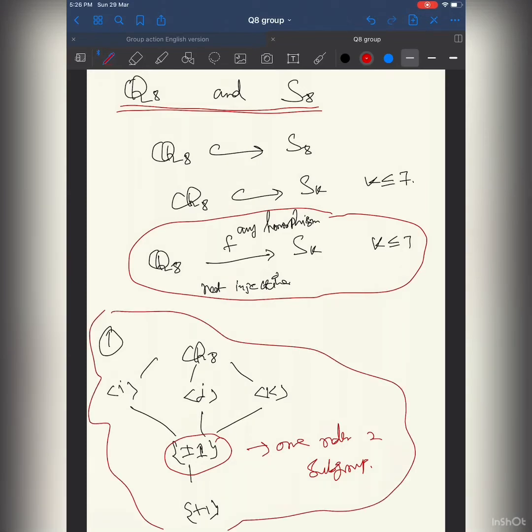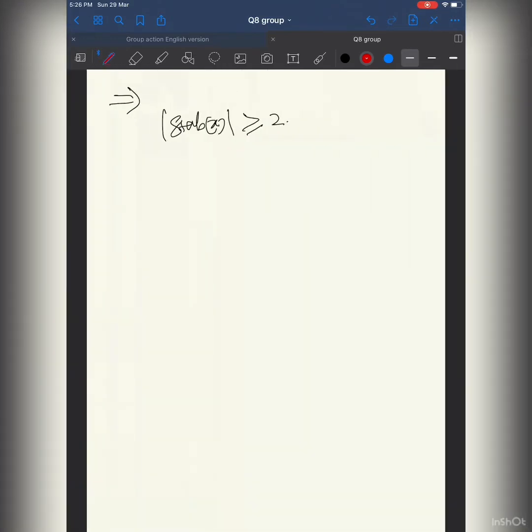Now come back and look at the subgroup lattice: there is only one subgroup of order 2. That means each stabilizer contains plus or minus 1.